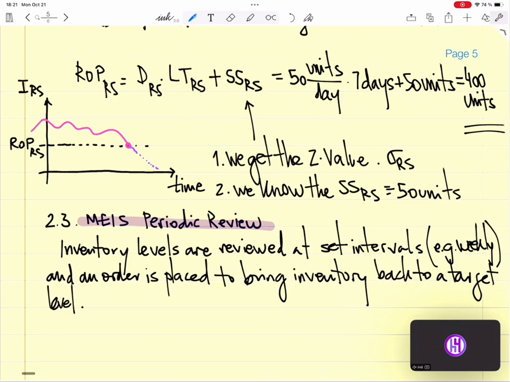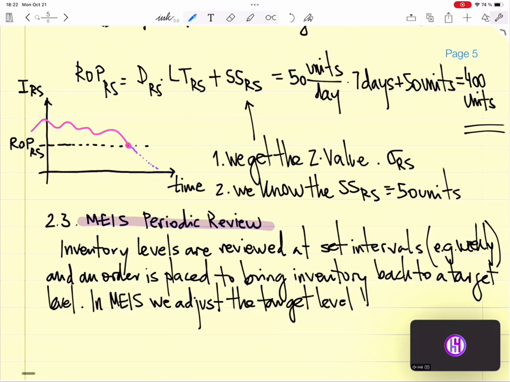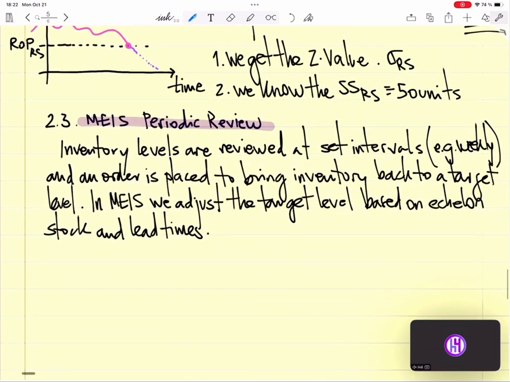The difficult part in multi-echelon inventory systems is that we adjust the target level based on echelon stock and lead times. Okay. So let's look at two examples.